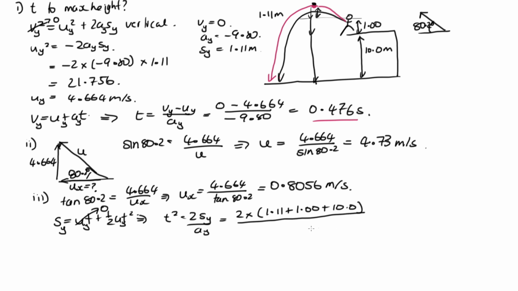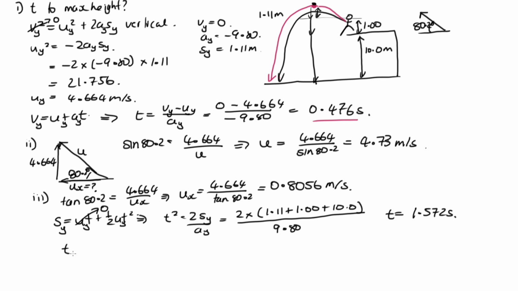Then we're dividing this by 9.80. This is down, so those would both have negatives, but they cancel out. We can solve this on the calculator, take the square root for t, and this time is equal to 1.572 seconds.